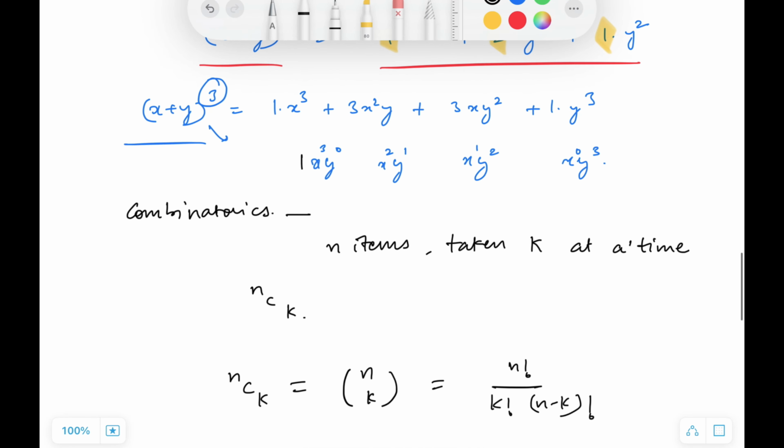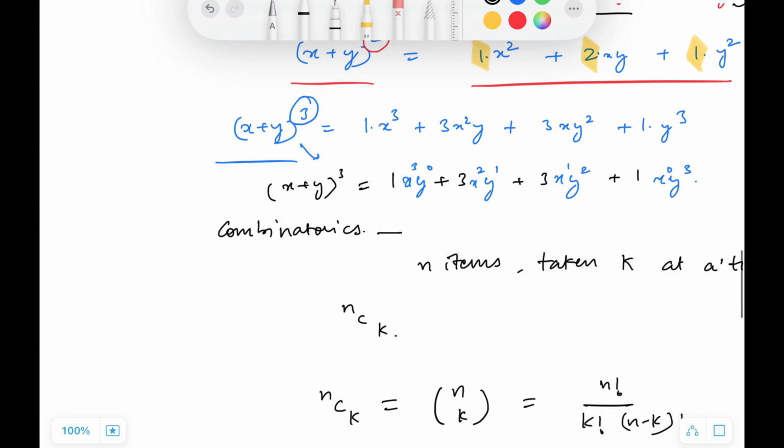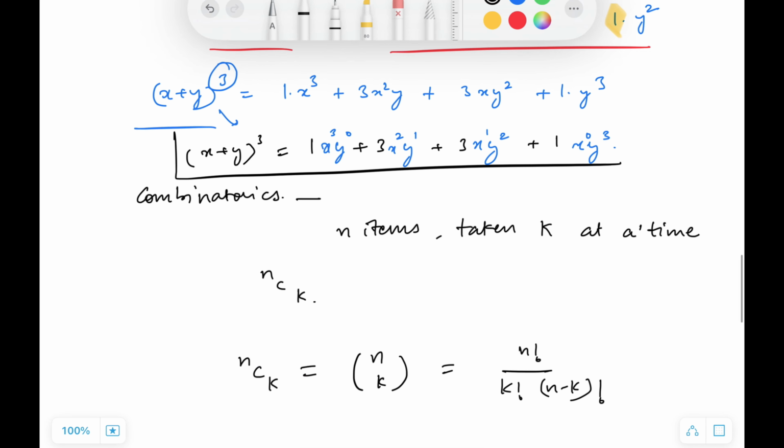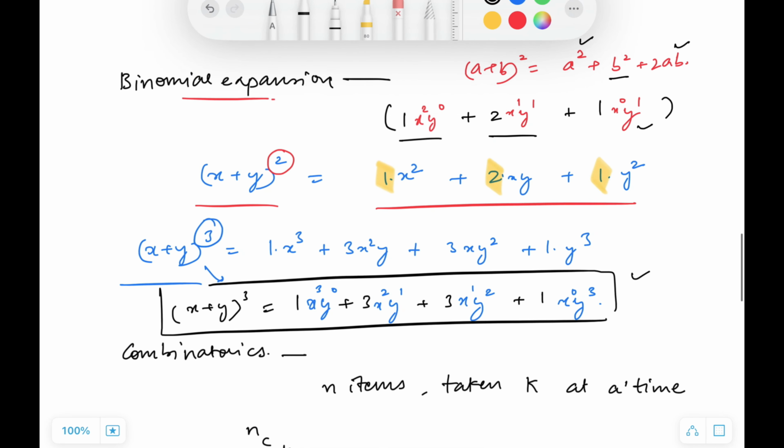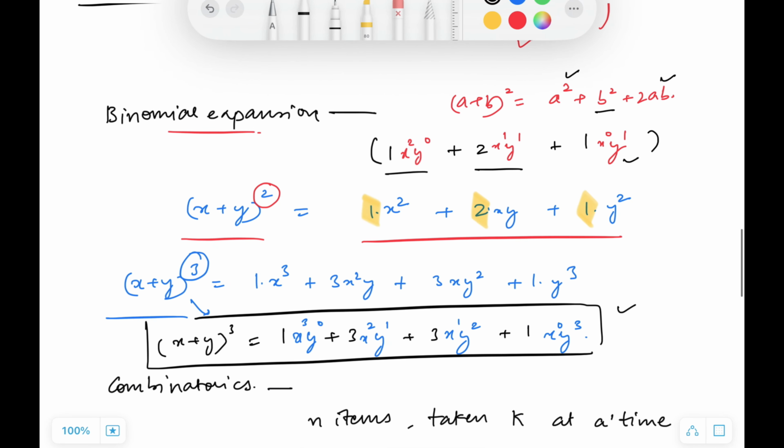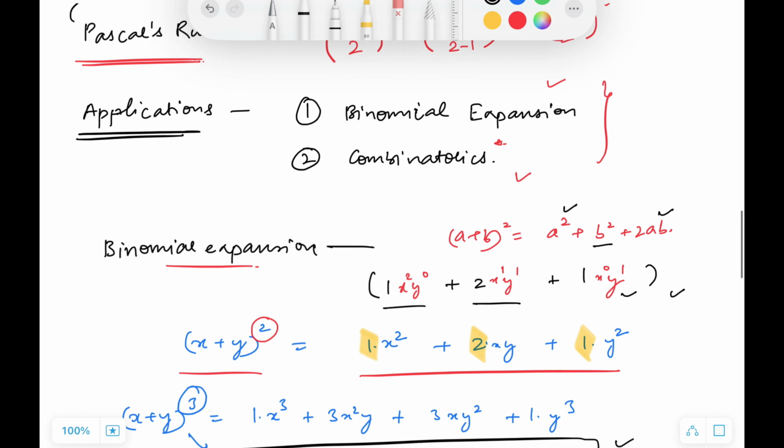These values are coming from the third row: 1, 3, 3 and 1. Now our formula is ready. So x plus y whole cube, this is the formula. And this is how binomial expansion is done using Pascal triangle.